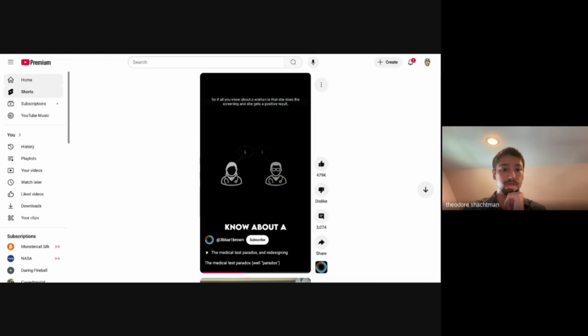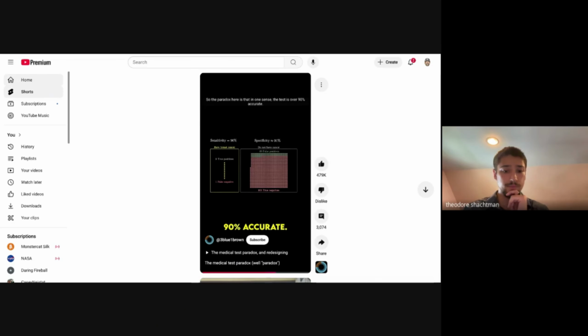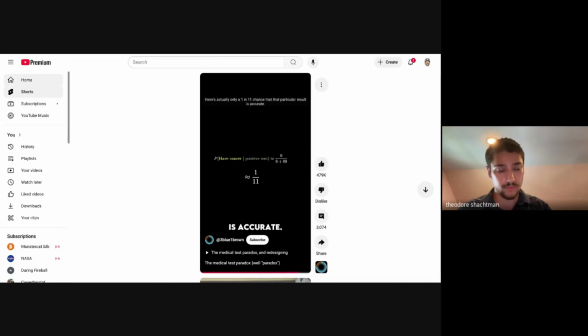So if all you know about a woman is that she does the screening and she gets a positive result, the probability that she's in the cancer group, given the test result, is 9 divided by 9 plus 89, which is approximately 1 in 11. So the paradox here is that, in one sense, the test is over 90% accurate. It gives correct results to over 90% of the patients who take it. And yet, if you learn that someone gets a positive result without any added information, there's actually only a 1 in 11 chance that that particular result is accurate.